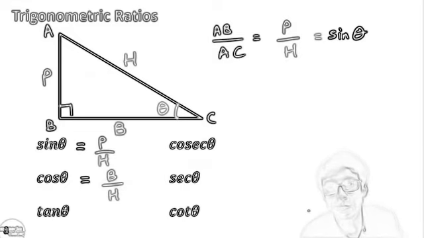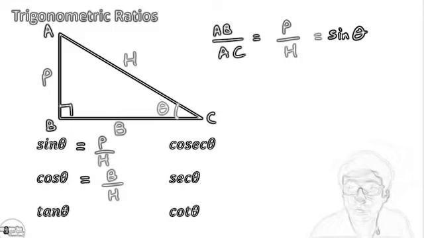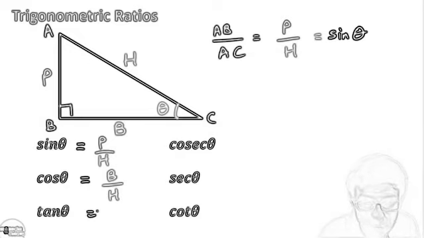So sine of theta means sine of this angle is P by H, and cos theta is B by H. Clear? And then we are taking the ratio of two sides, not the angles. Now if you take the ratio of AB by BC, which is P by B, what do we get, guys? It's going to be tan theta, perpendicular by base.